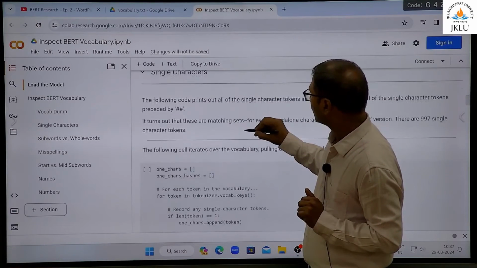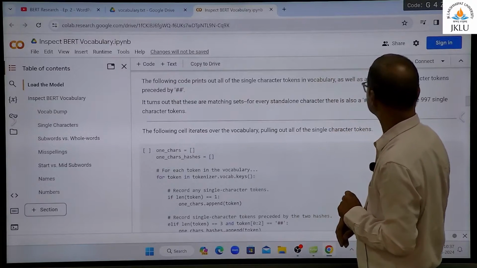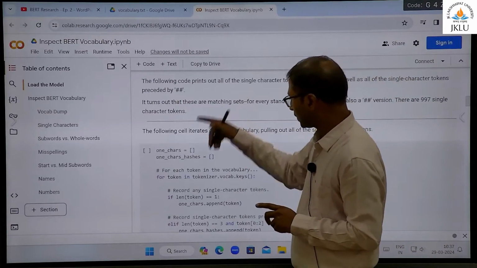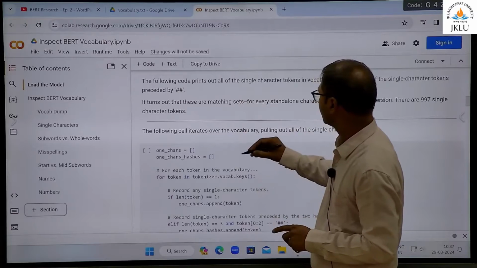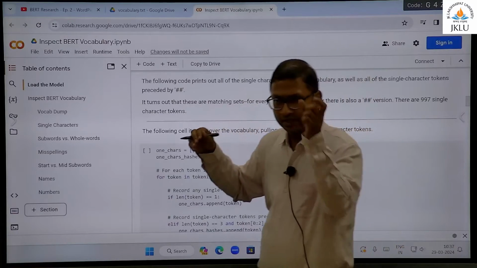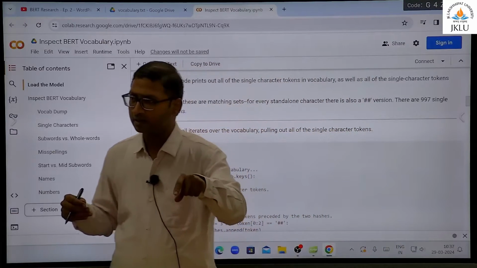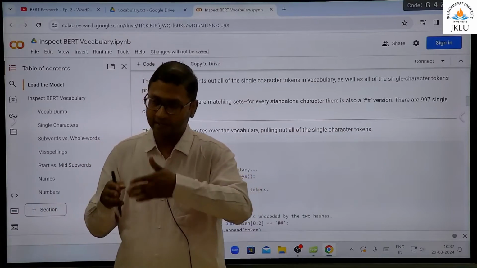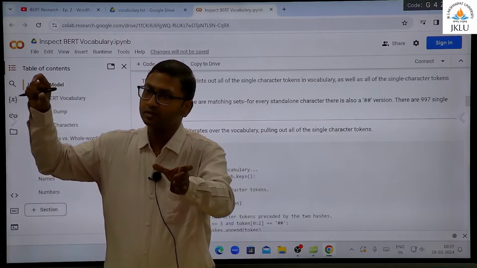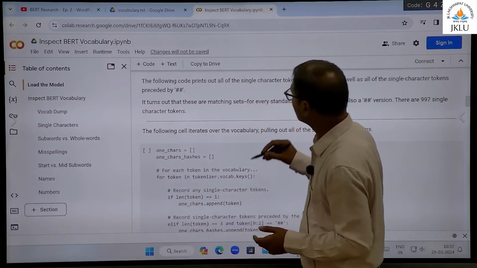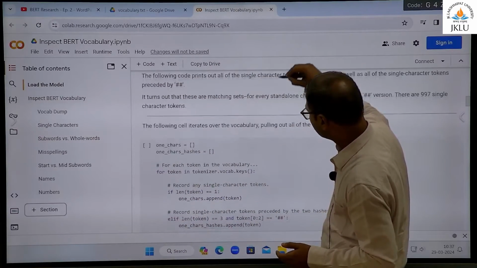The following code prints out all these single. Okay, so now what he is doing in this code is simply that there is an occurrence of hash hash s for a lot of things. I mean hashed versions versus non hashed versions.